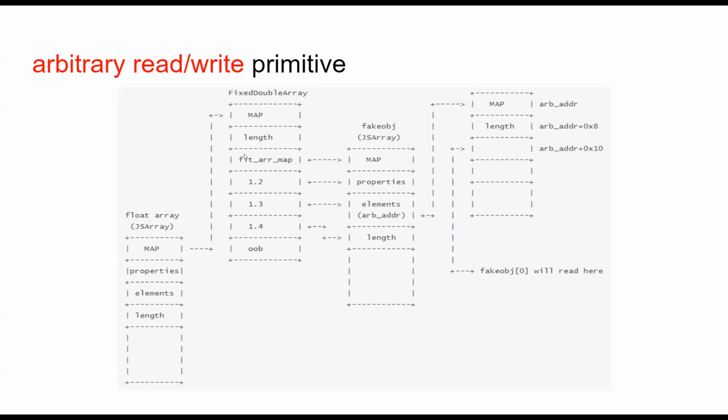If I overwrite the first member as a floating array map, and the third element as an address elements pointer, then using the fake object primitive, I fake an object here. So now the floating array map will be regarded as a map, and the element will be regarded as an elements pointer.